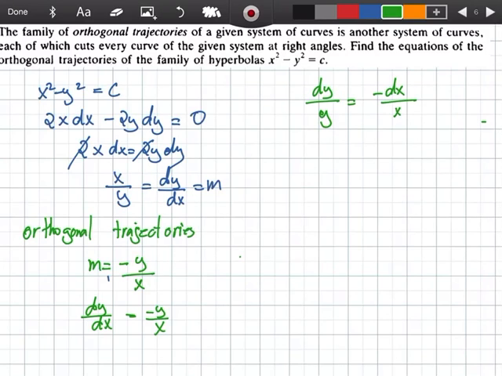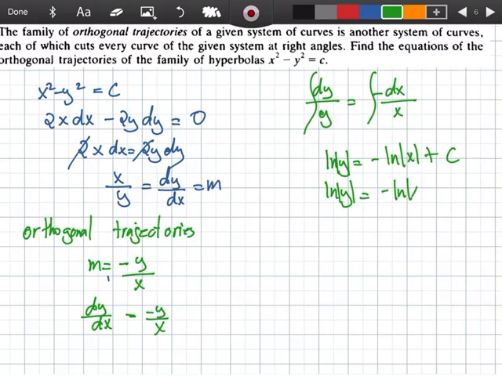And then, to get the equation, integral natin, that is dy over y, ln y is equal to negative ln of x plus c. Yung ginawa natin kanina, c, pwede naman natin gawing ln of c is equal to c. Diba? Kasi constant lang din siya.